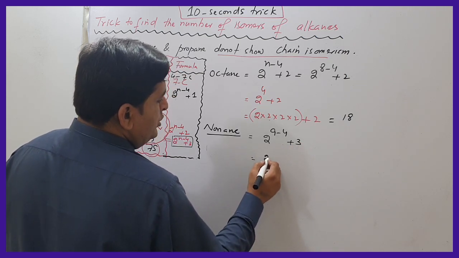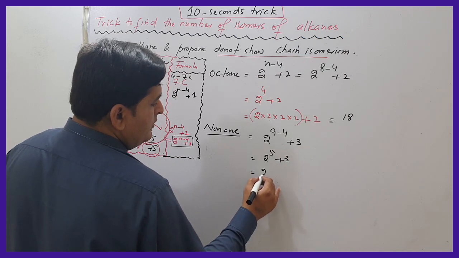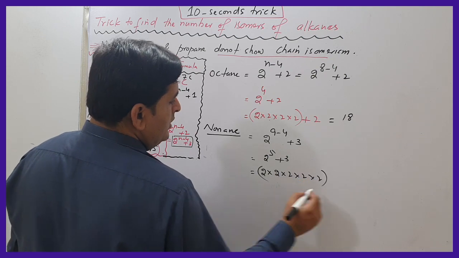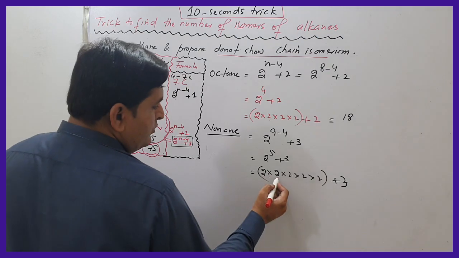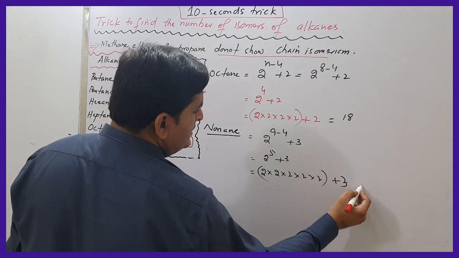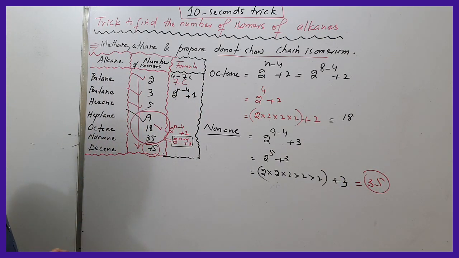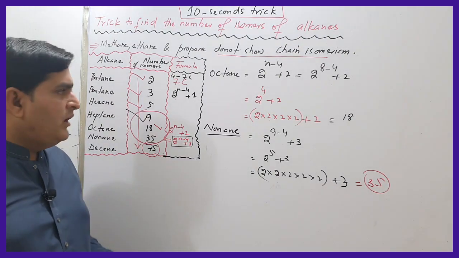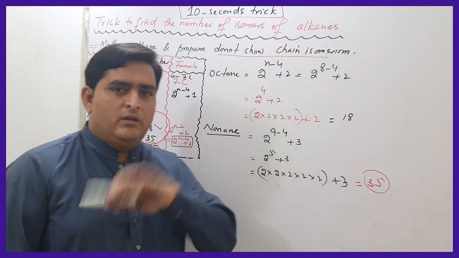It means 2 power 5 plus 3, which is 2 into 2 into 2 into 2 into 2 plus 3. Now 2 twos are 4, 4 twos are 8, 8 twos are 16, 16 twos are 32, 32 plus 3 is equal to 35. So the number of isomers will be 35.